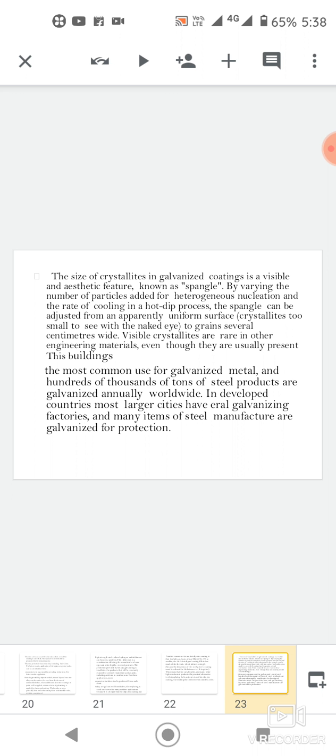Visible crystallites are rare in other engineering materials even though they are usually present.